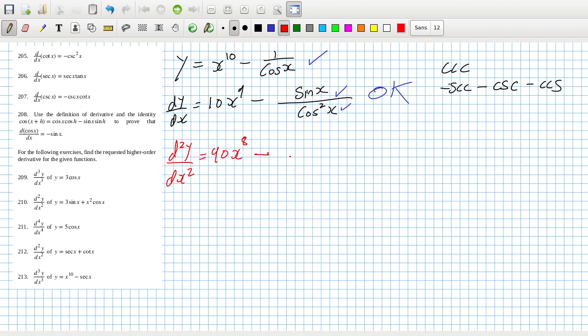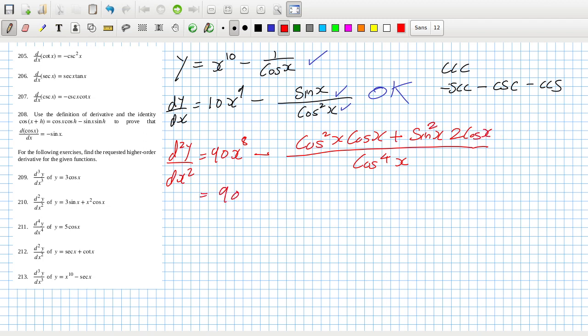Minus bottom squared. The bottom times the derivative of the top minus the top times the derivative of the bottom, which is 2 cos x minus sine x.